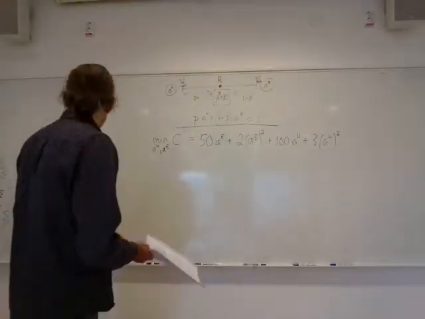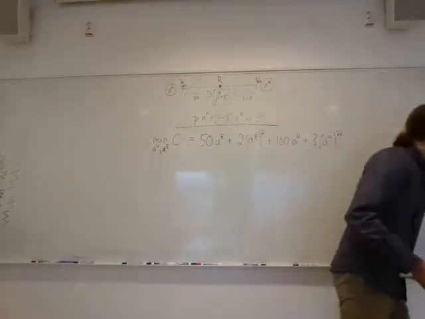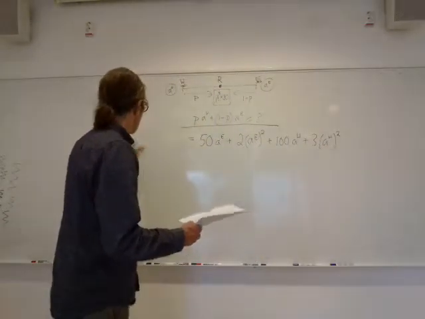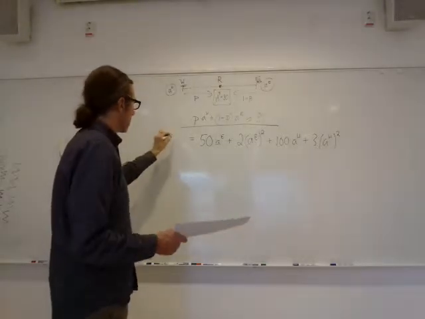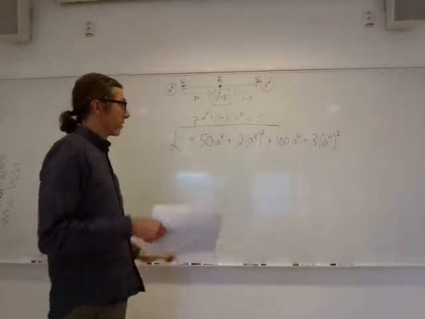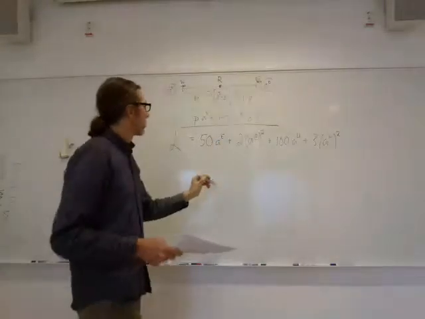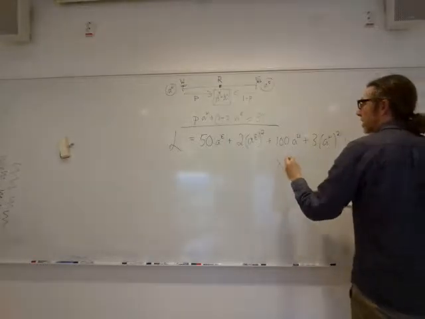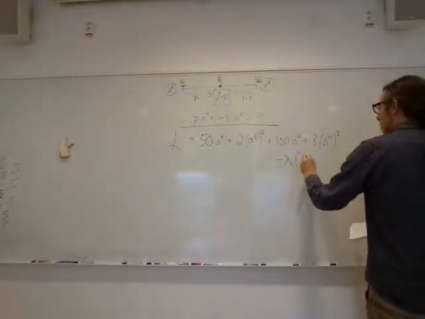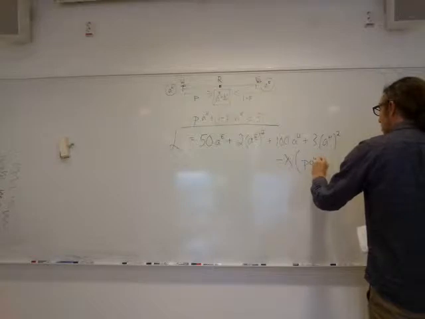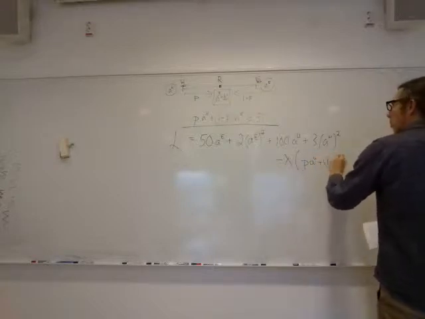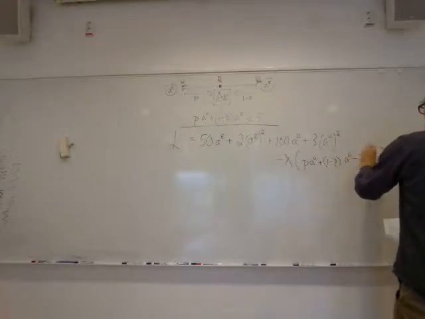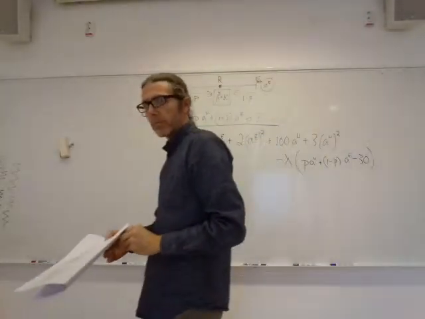So, a necessary condition for an internal solution is if we set up a Lagrangian and say minus lambda or plus lambda, doesn't matter, P AW plus 1 minus P AE minus 30.